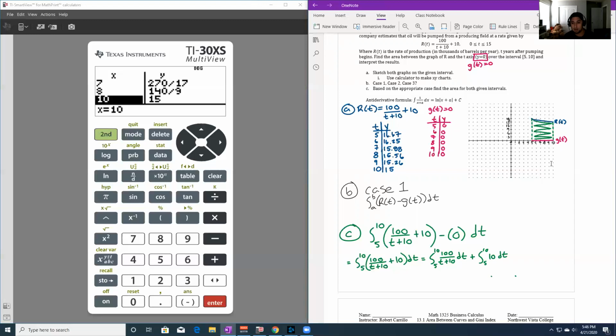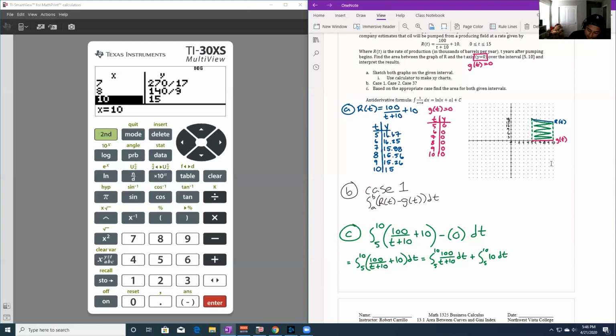All right, another rewrite, and then we can do it. So now, what I'm going to do for this one is on the first integral, I'm going to pull out that 100 to the outside. That's going to the outside of the integral.